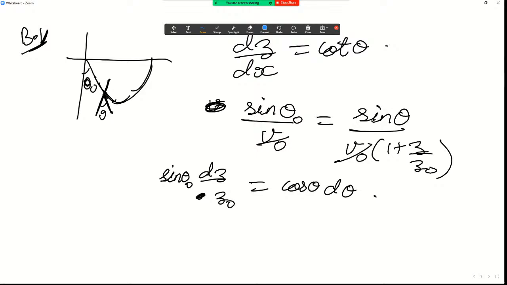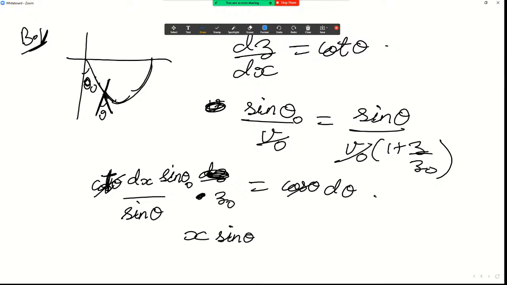And then we can plug in dx cos theta here. So dx cos theta, cot theta. So this can be cancelled out by sine theta. And after integration, we have x sine theta naught by z naught plus c equals minus cos theta.